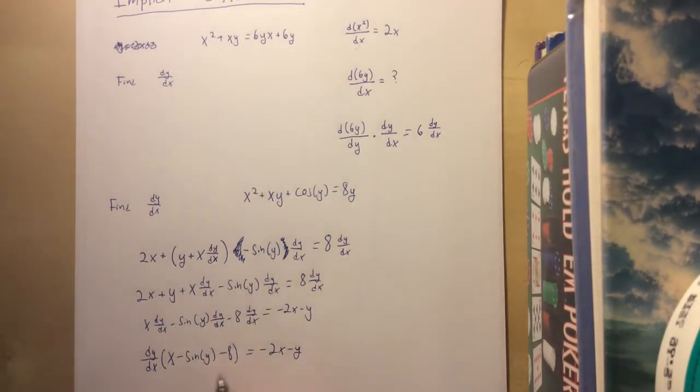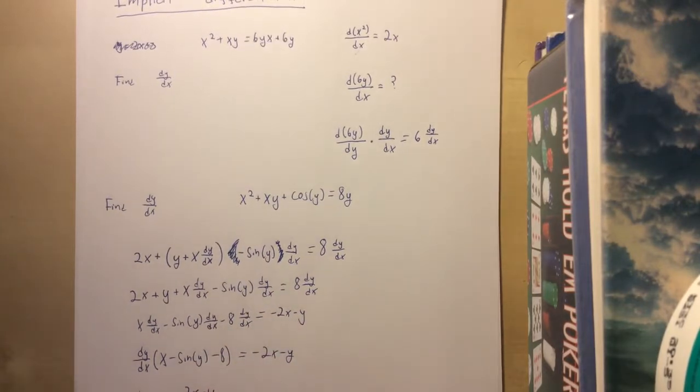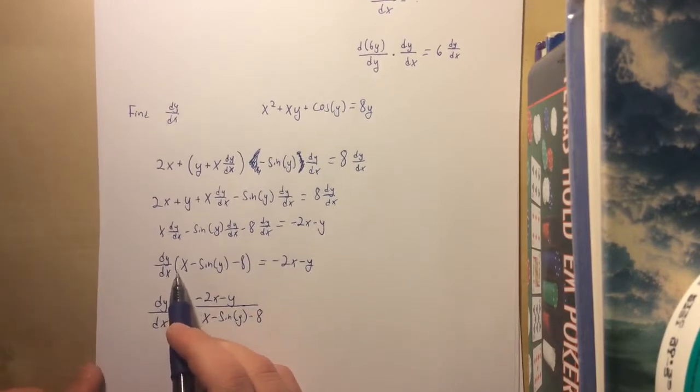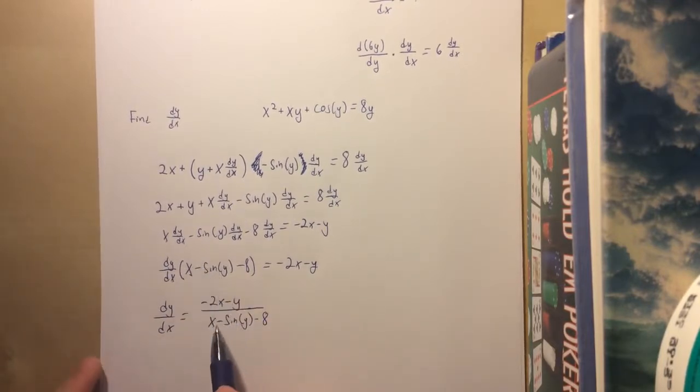And then we're just going to divide by this term, and that gives us dy dx equals negative 2x minus y over x minus sine y minus 8. So once again, I just divided by this term.